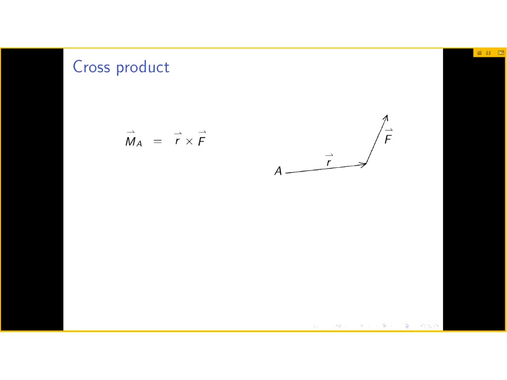Now, when we talk about cross products, let's start off with an example, and that is the moment of a force. I think most of you were introduced to this in the mechanics course at the end of your first year. Let's say we have a force F, as I've indicated in this diagram on the right hand side.